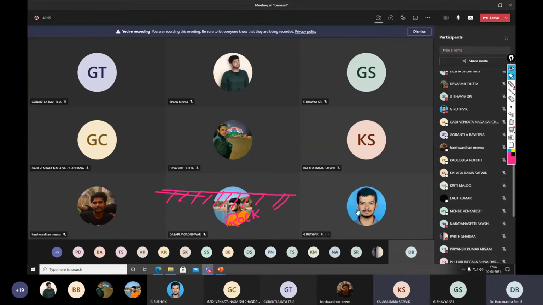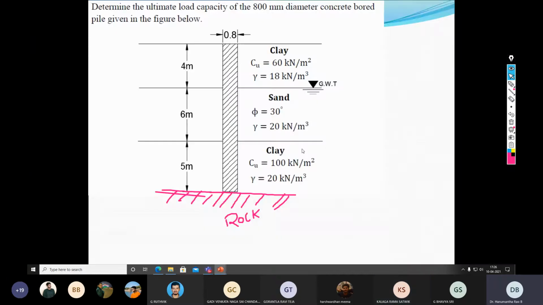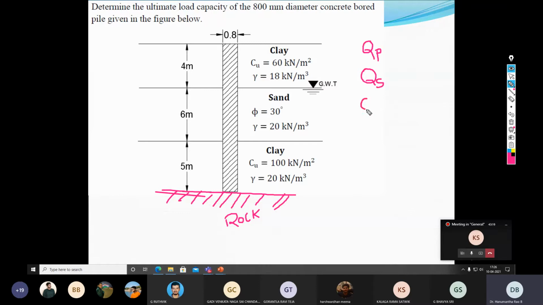Okay. Or else, let me put another condition. In the first case, we have discussed about 3-4 cases, if you remember. Basically, the end bearing alone and the skin friction alone, then the combination of end bearing plus skin friction. This is what I was discussing in the last couple of classes.